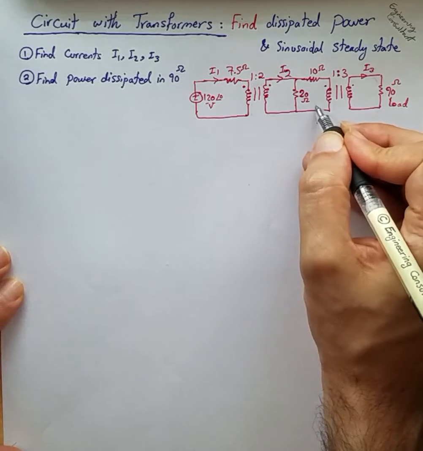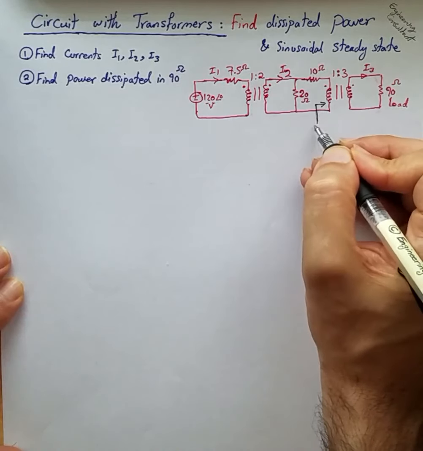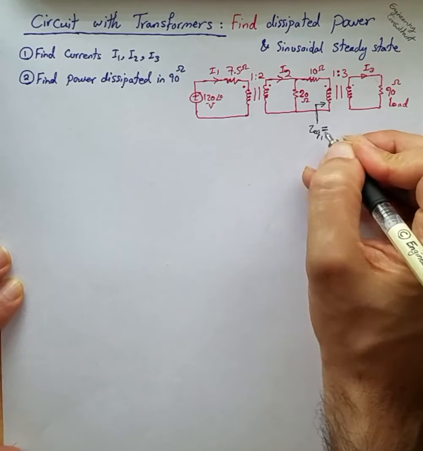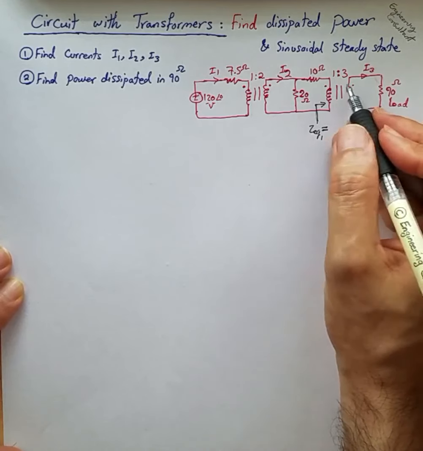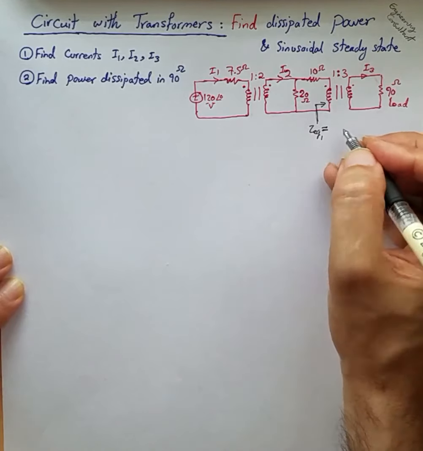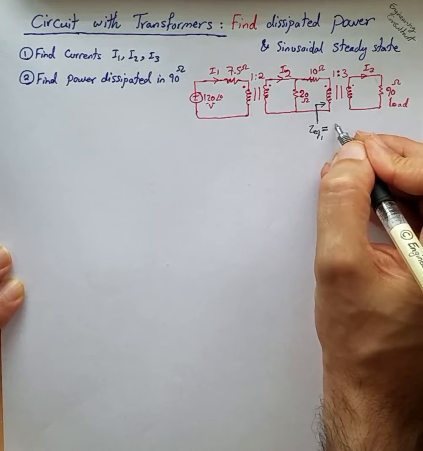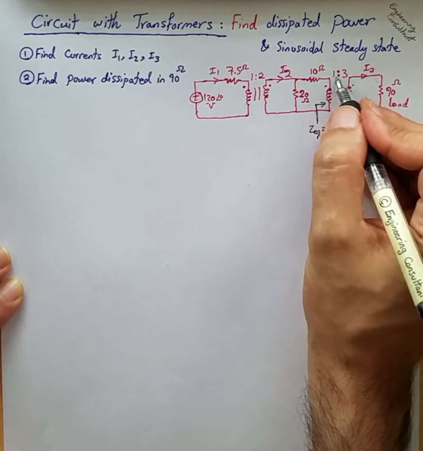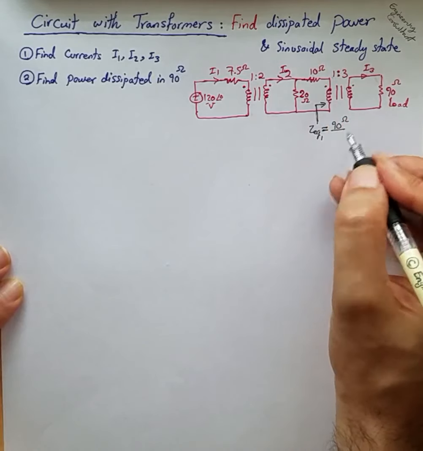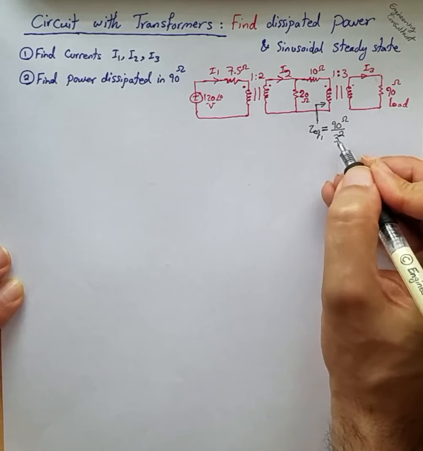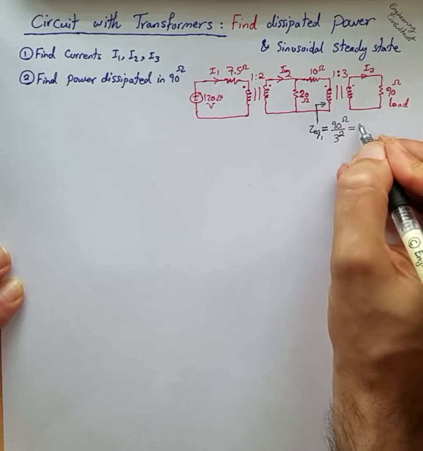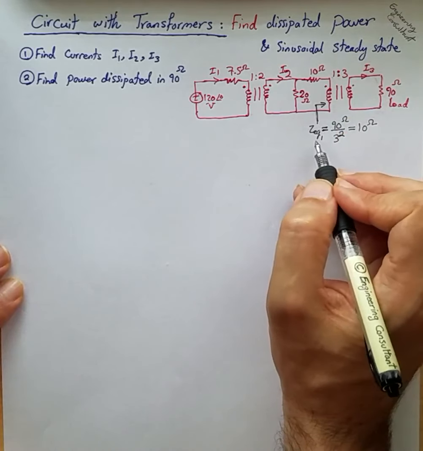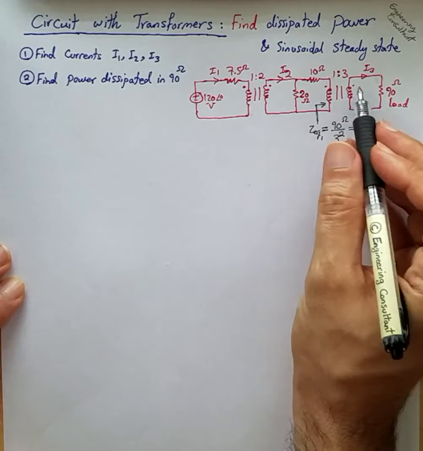So if we want to find the equivalent impedance, let's say Z equivalent 1, seen from the left hand side of the 1 to 3 transformer, it is the 90 ohm load divided by 3 squared, since it's a 1 to 3 turns transformer, and we get 10 ohm. That's the equivalent impedance seen from the left hand side of this transformer.